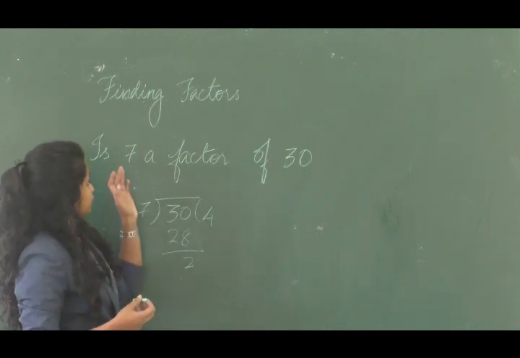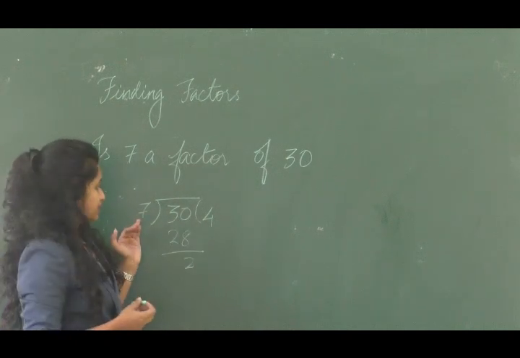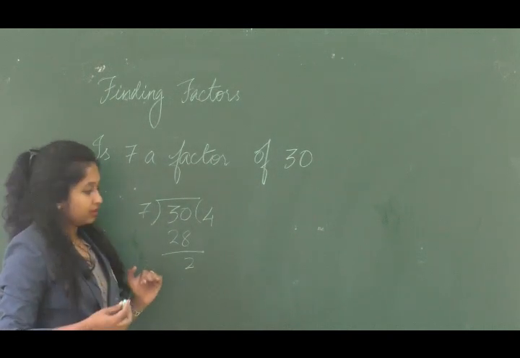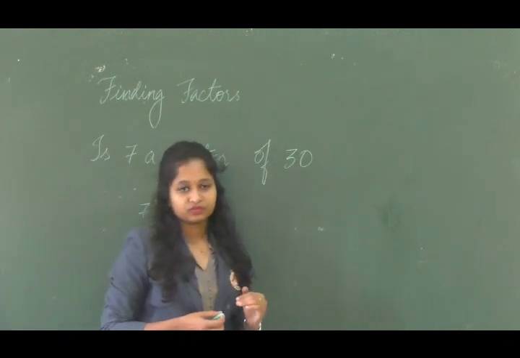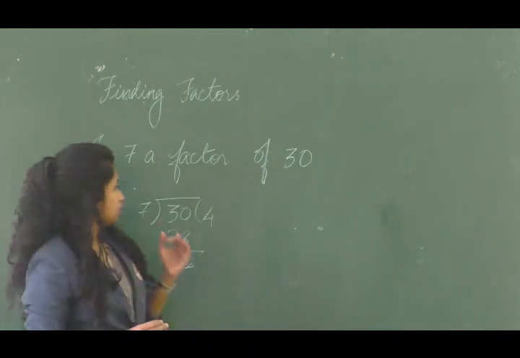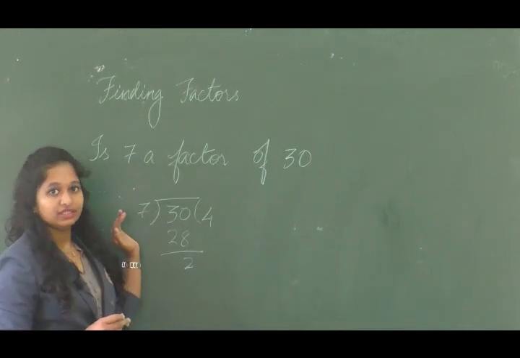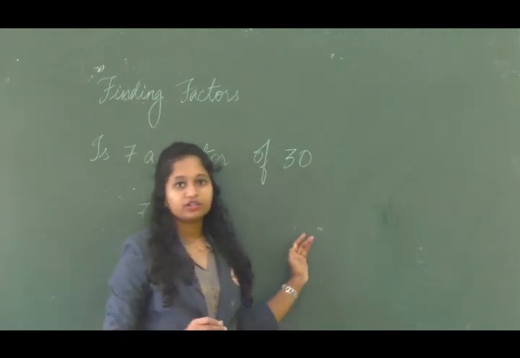So to find whether 7 is a factor of 30, divide 30 by 7. We get the quotient as 4 and remainder as 2. Since the remainder is not 0, 30 is not completely divisible by 7, and thus 7 is not a factor of 30.